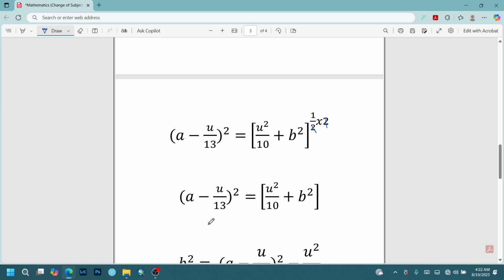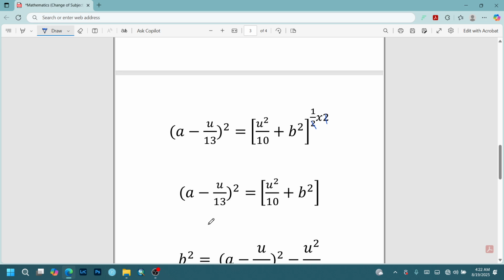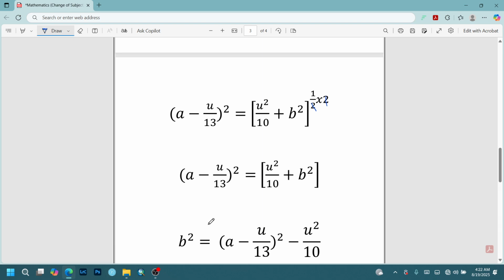So in solving for B, we make B stand on its own and shift the fraction U squared over 10 to the other half of the equation.